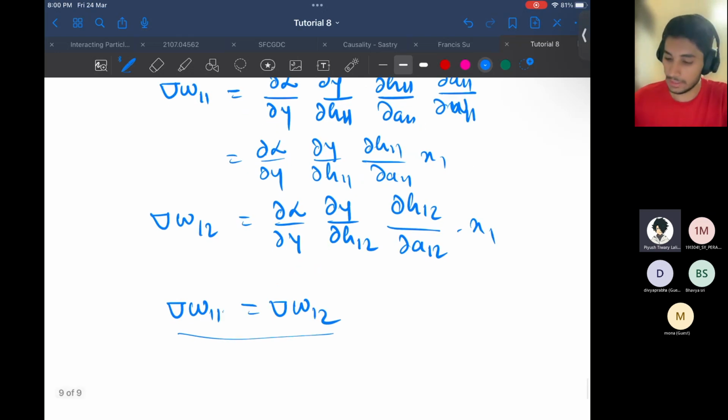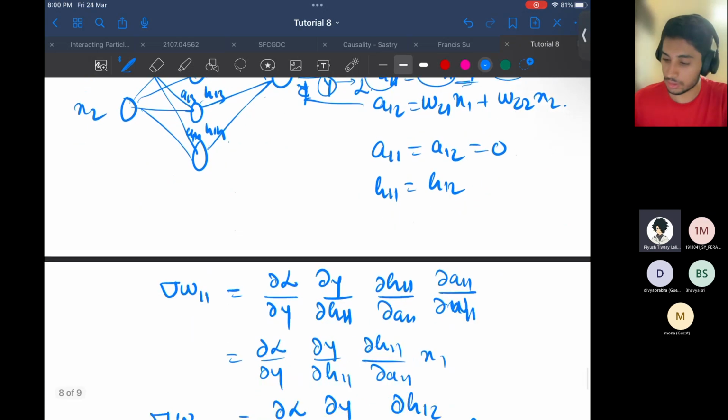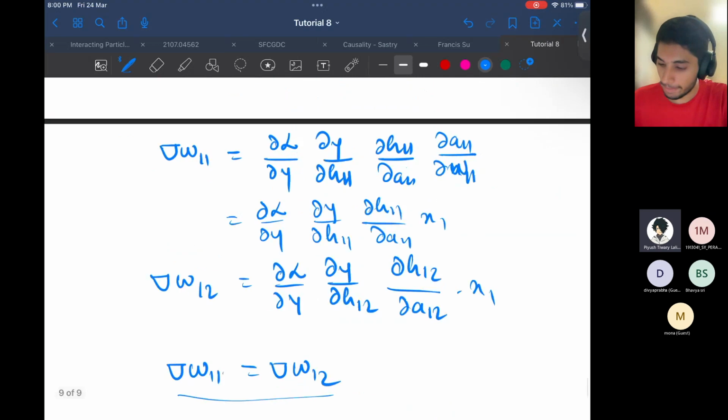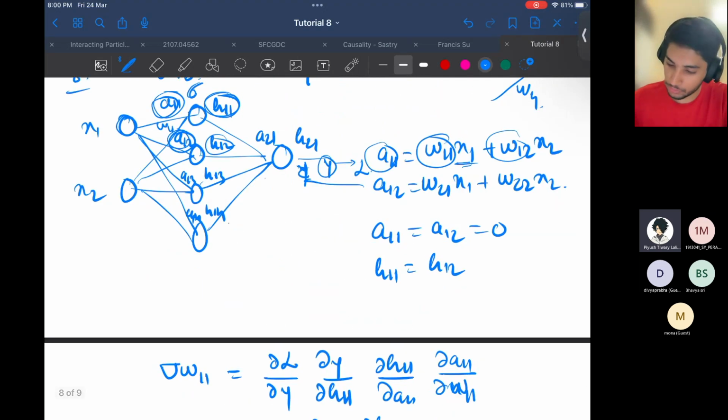Initializing your weights with zero makes this happen. The way I proved it for w11 and w12, you can prove it similarly for w21, w22, and all the rest of the weights that are there. It will be the same story.